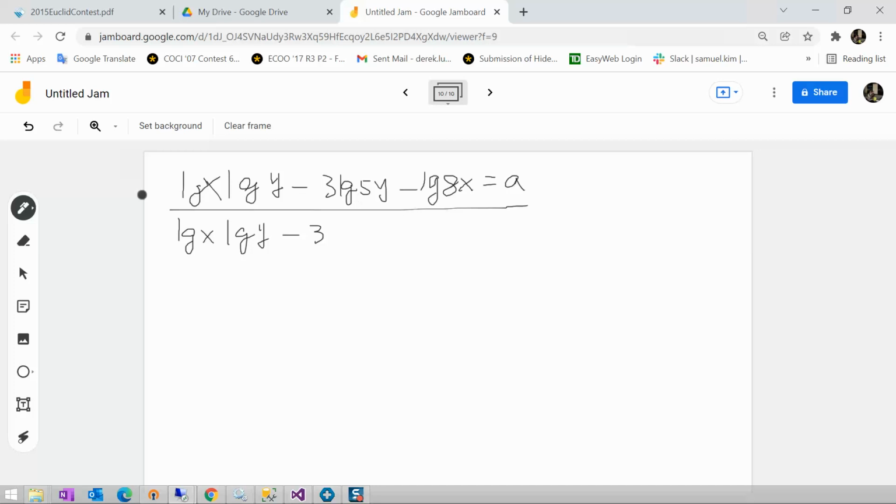So this 5y will be log 5, log y, right? The same thing.